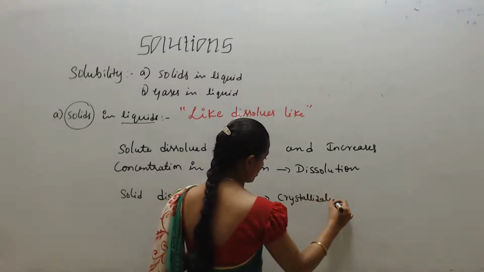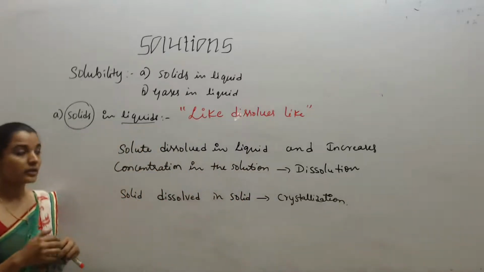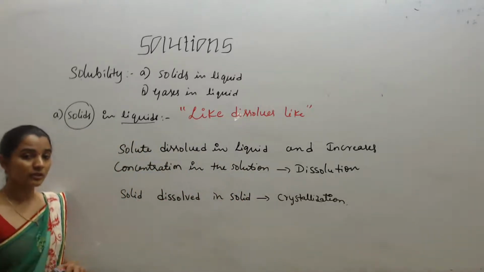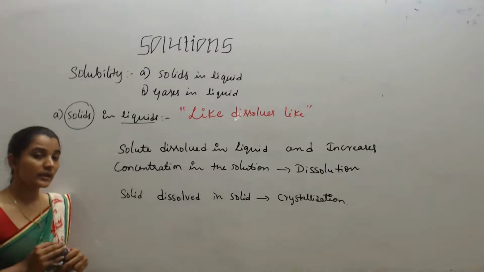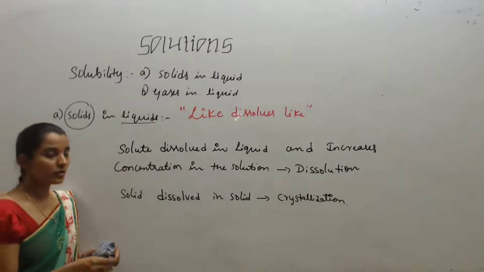crystallization. So you are well known about that, students. In the separation methods, in the purification of a sample, crystallization is there. In crystallization, if we add any solvent, what happens?